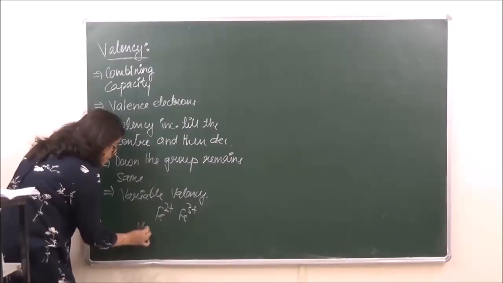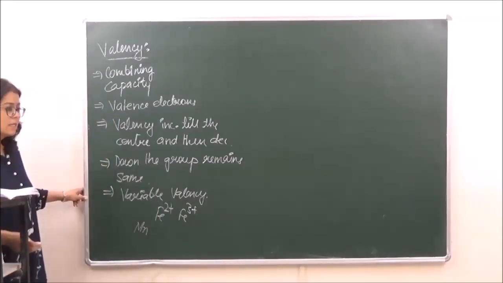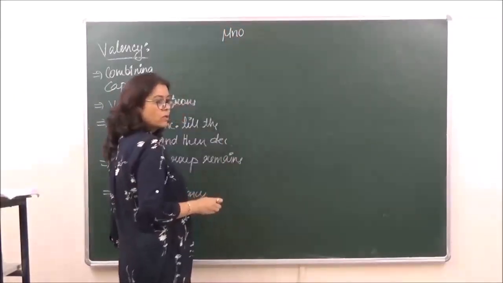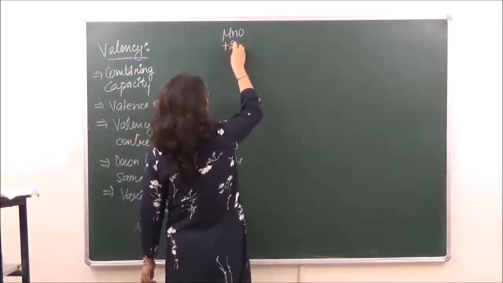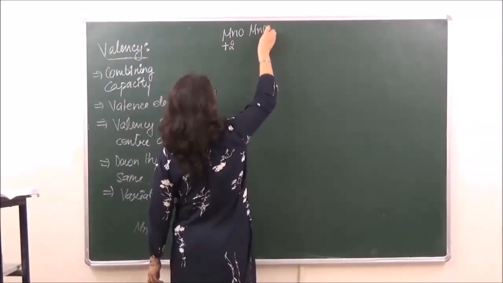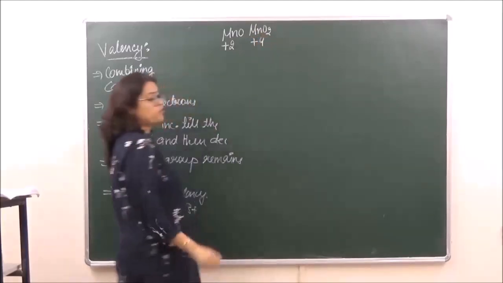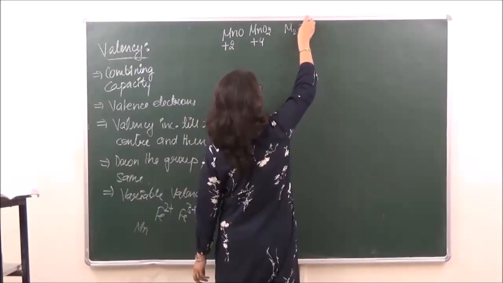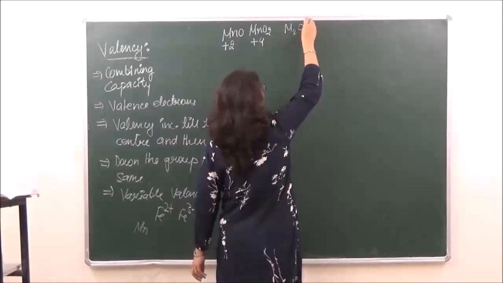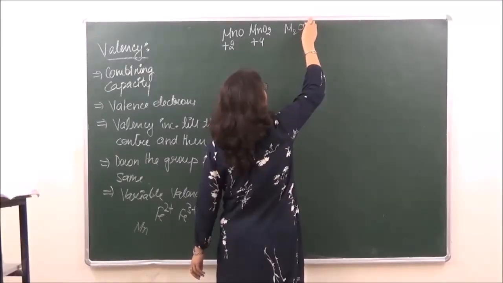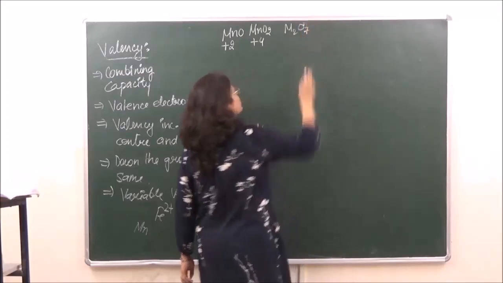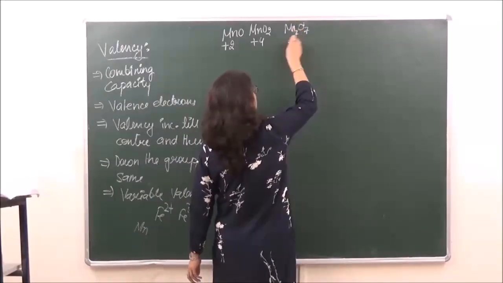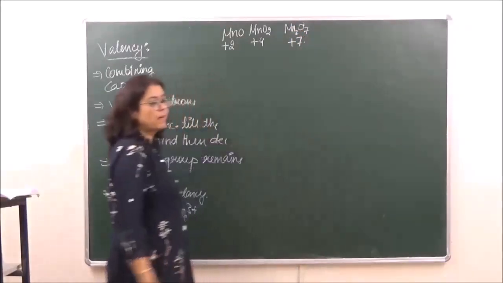For example, manganese can form MnO with an oxidation state of +2, MnO2 with an oxidation state of +4, and Mn2O7 with an oxidation state of +7.